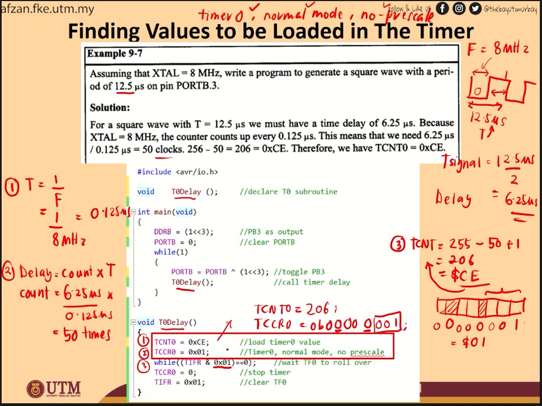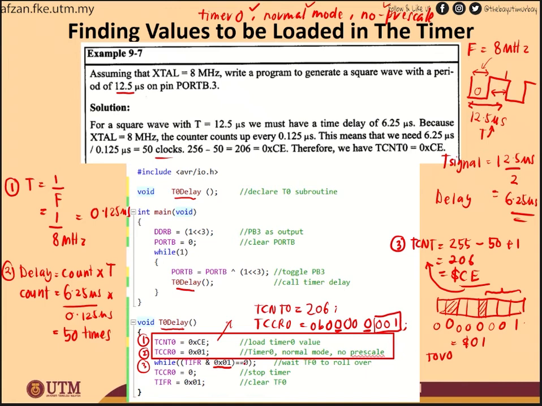Since this one here, we are going to monitor TOV0. So you need to locate where your TOV0 is in your TIFR. Since TOV0 is located at bit 0, that's why you put 0x01.